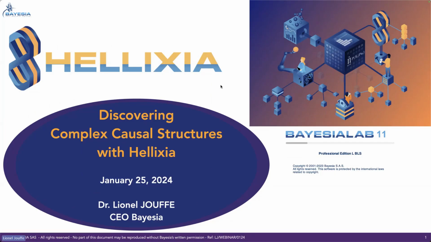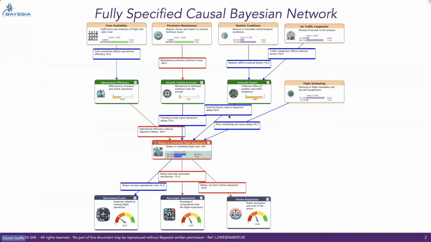So today's webinar is about using Hellixia for discovering or creating automatically causal structures, right? And so I want just to start with what we are going to see in a few minutes. So this is one of the results.